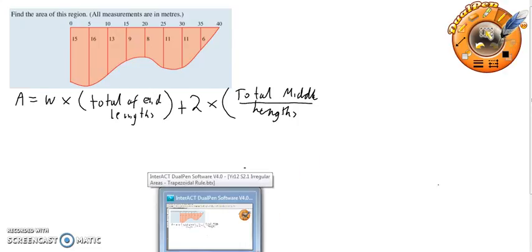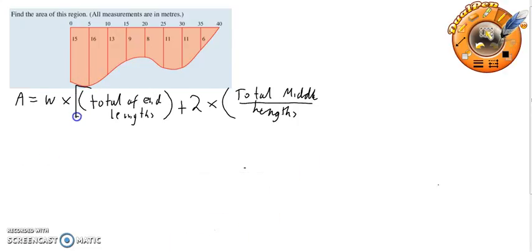Now, this whole bit here is under its own brackets. So once you've done everything in those big square brackets, you need to divide by 2 at the end.